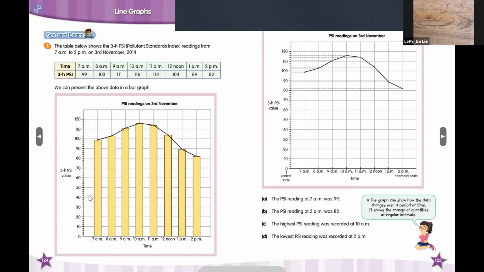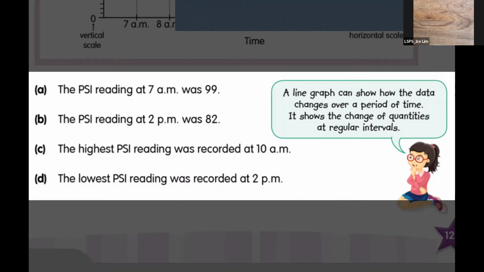However, it's not very helpful to see how the PSI changes along the time. What was helpful was actually the line graph. It shows you how the data changes over a period of time. It shows the change of quantities at regular intervals.